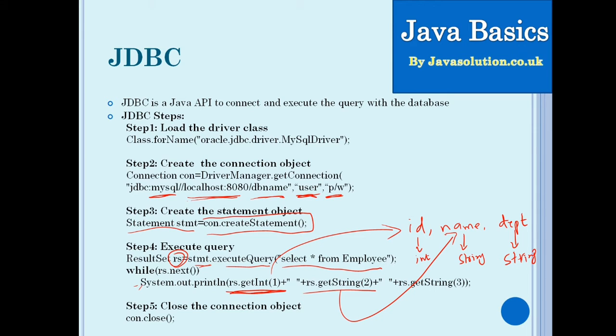And the third one, let's say rs.getString, so the third column, which is a type of string, which is this one. So you get all the first row, and it will iterate until it reaches the last row, and everything will be printed here. And after that, the last step is we need to close the connection object. So we say connection.close.